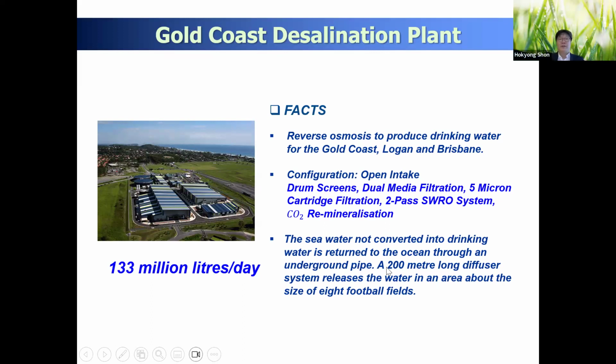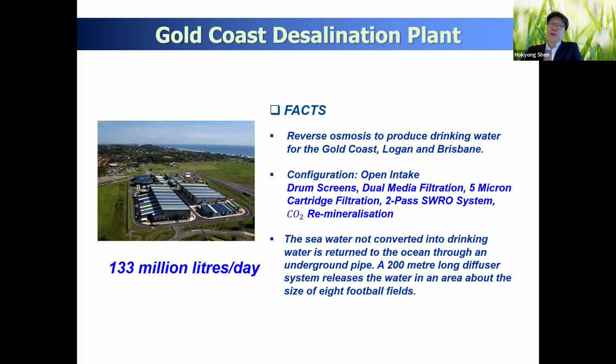A 200-meter long diffuser system releases the water in an area about the size of a football field. So the high concentration of salt left over goes back to the ocean and is diluted. So that's how it works.